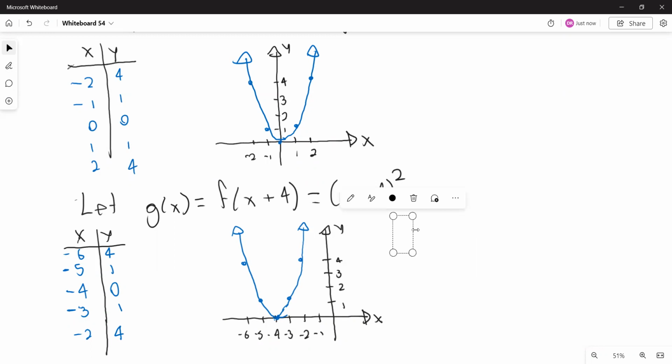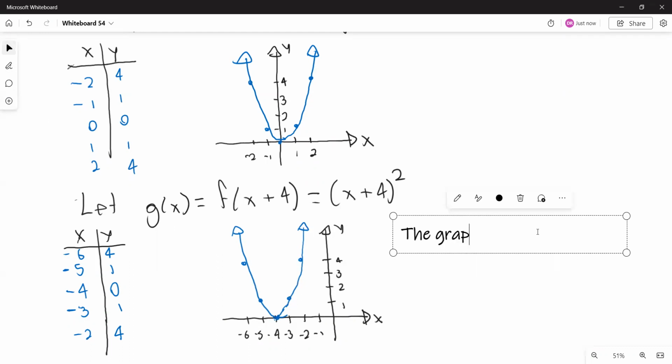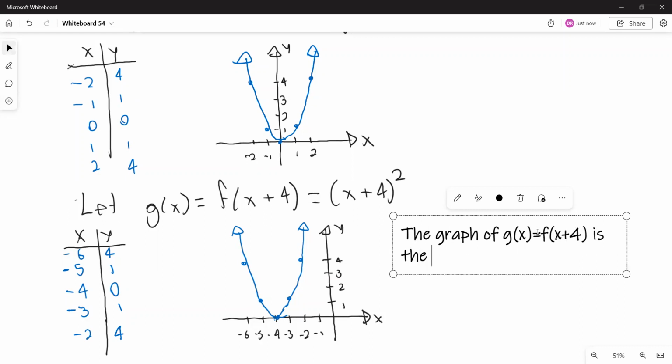So I'm going to write a note that the graph of g of x, defined as f of x plus 4, is the graph of f of x shifted 4 units to the left.